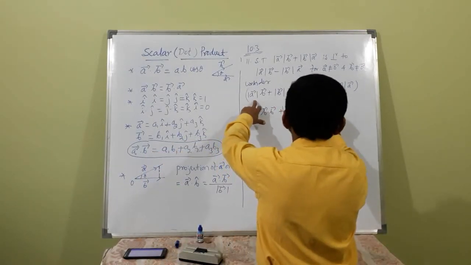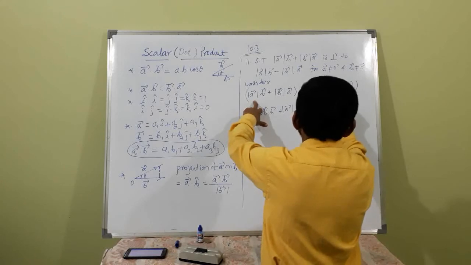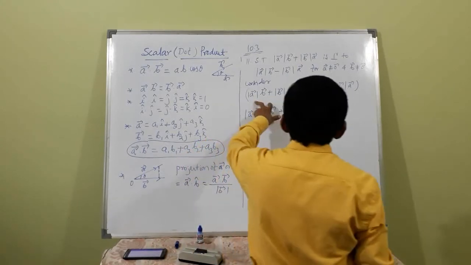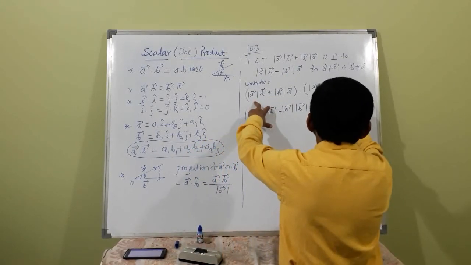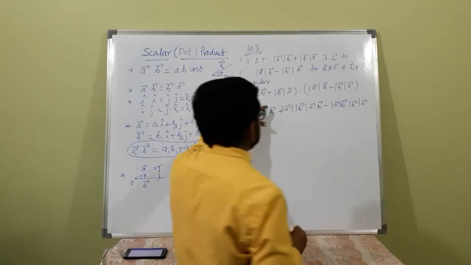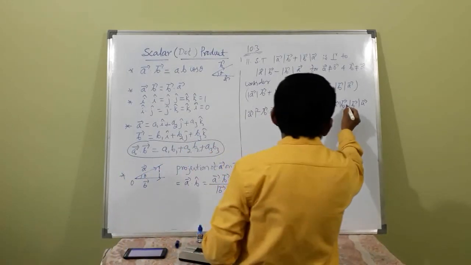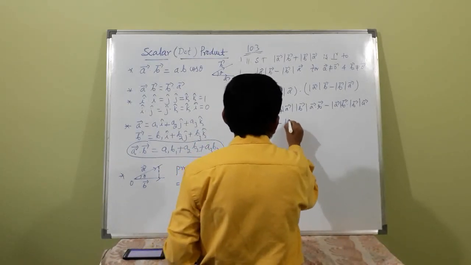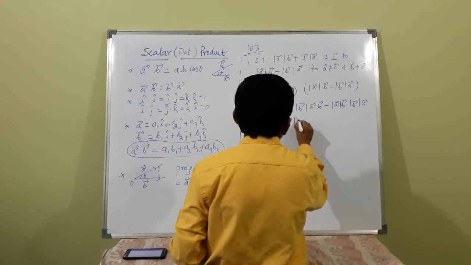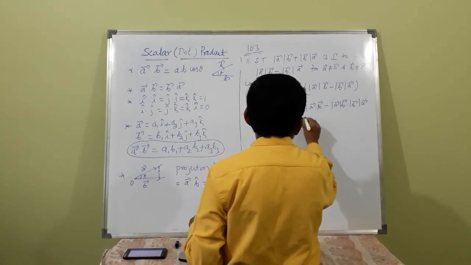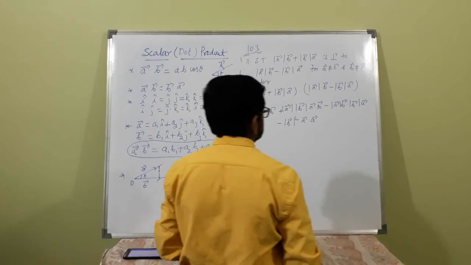Now consider this one, minus magnitude of A into magnitude of B, A dot B, okay, minus magnitude of A magnitude of B into magnitude of B, or magnitude of B squared, A dot A, okay.